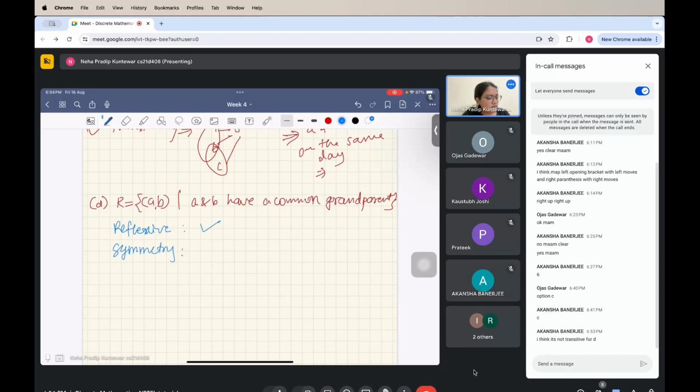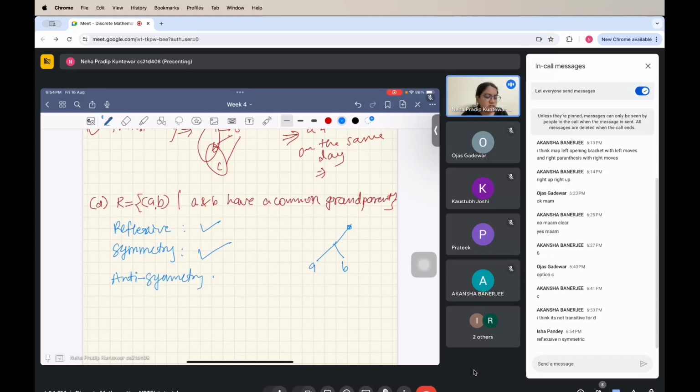If A and B have some common grandparent, then clearly B and A have the same common grandparent. It does not make a difference what order you take. So it is symmetric, and since it's symmetric, it can't be antisymmetric. And the tricky part is about transitivity.